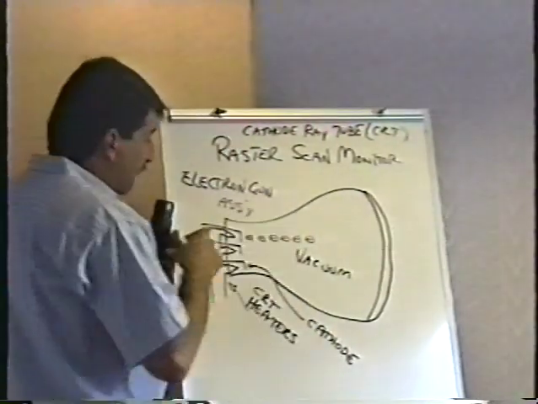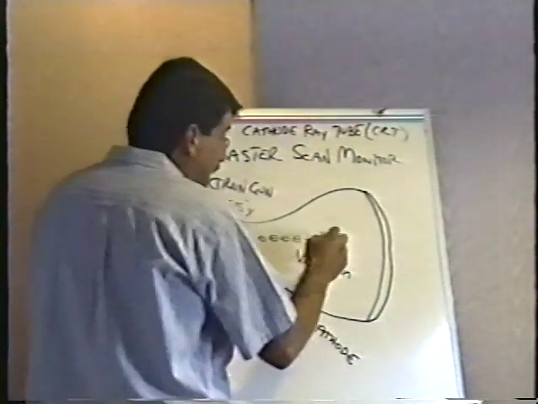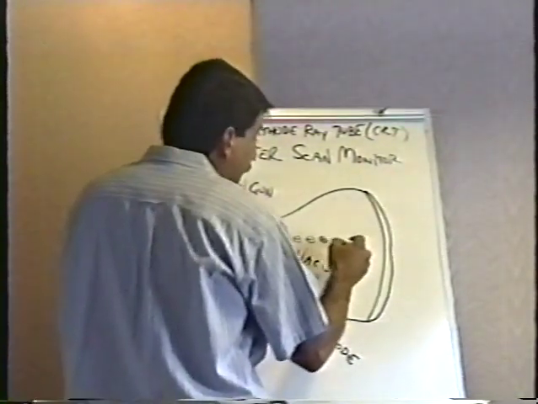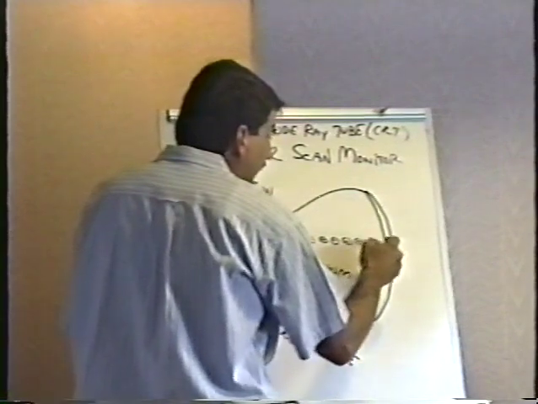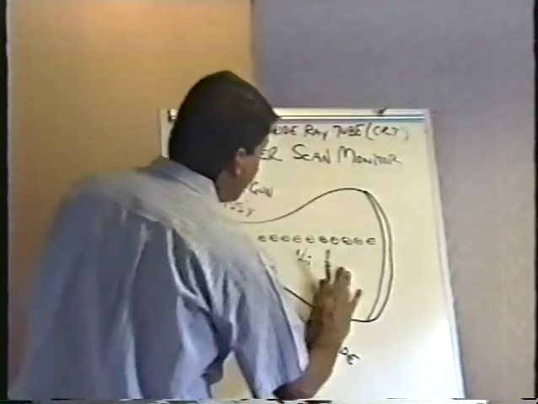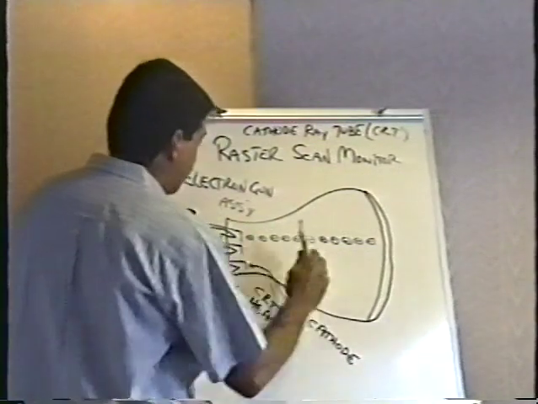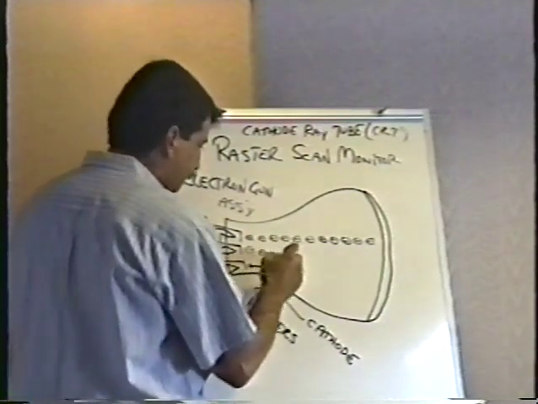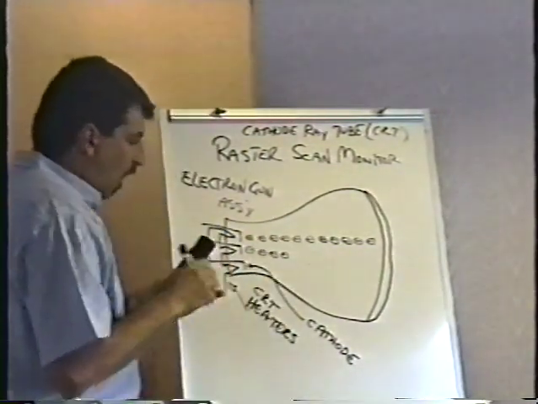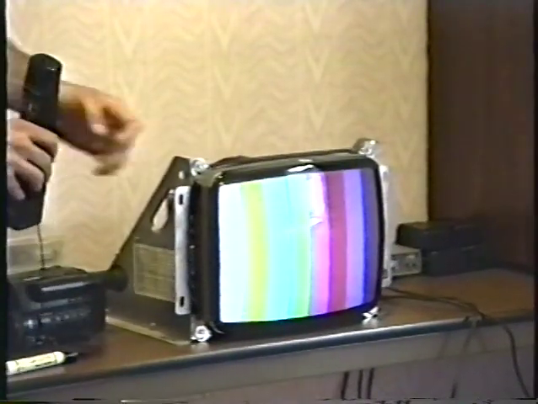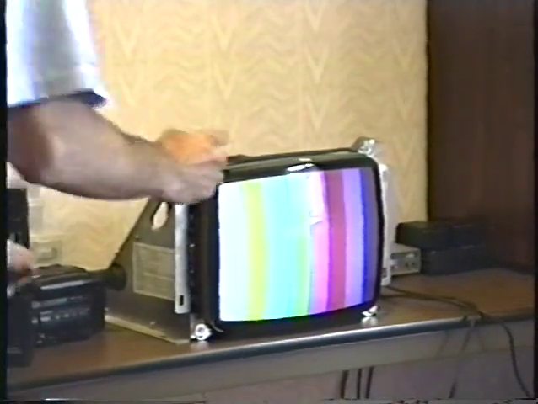Anyway, the electron gun assembly, as the name implies, shoots out streams of electrons. And there are actually 3 electron guns in the picture tube. Also, coating the inside of the glass front of the picture tube is a substance known as phosphor.